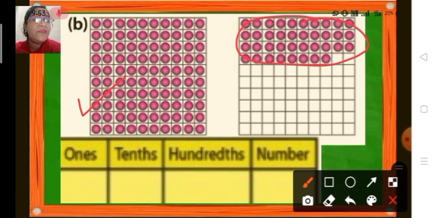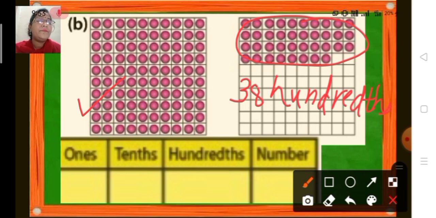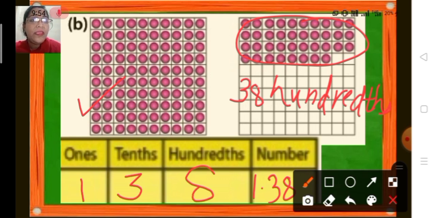This means in the second box, how many hundredths are there? 38 hundredths. Then our decimal number becomes 1.38, and there are 1 ones, 3 tenths and 8 hundredths.